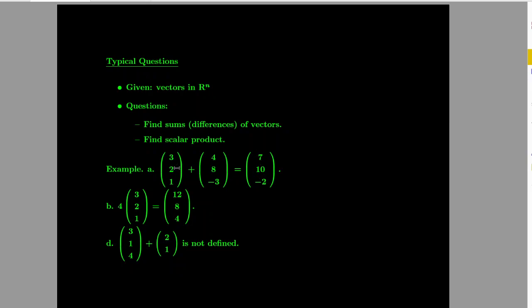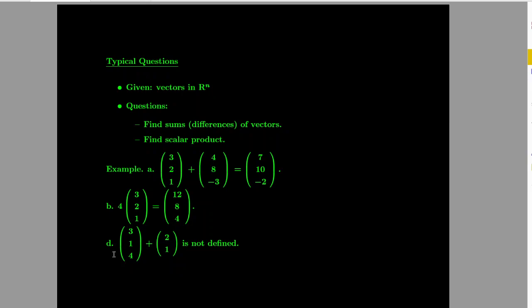The answer to addition is called the sum. The sum is also a vector in R3. Question B is designed for illustrating scalar multiplication. The same thing. In this case, the scalar is 4. I don't know where my C is. That's my problem.